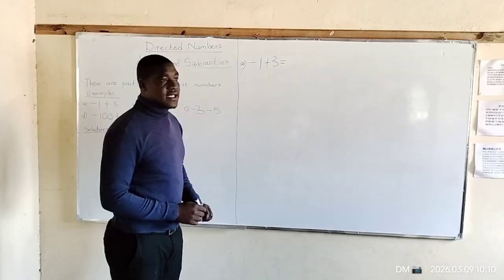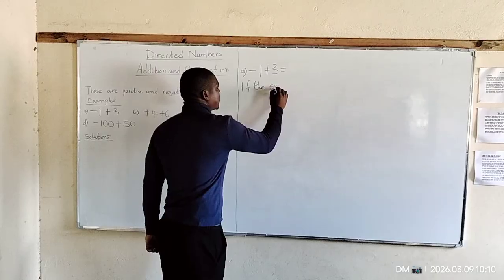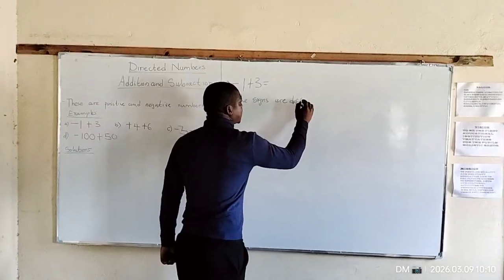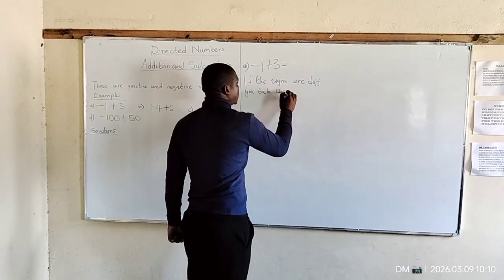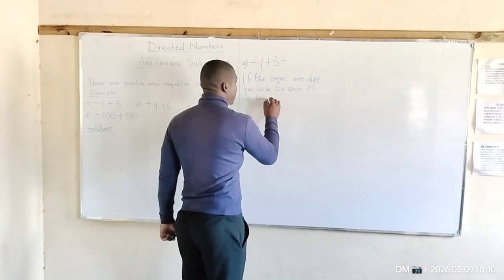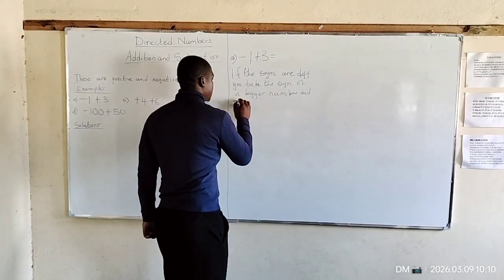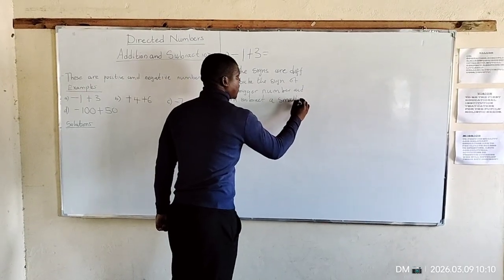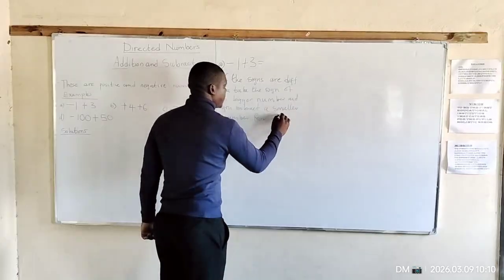Where do we get this answer? We are saying if the signs are different, you take the sign of the bigger number, and you subtract the smaller number from the bigger number.